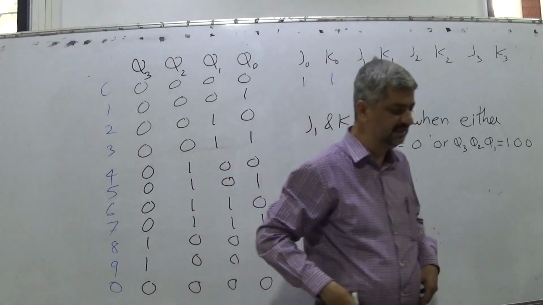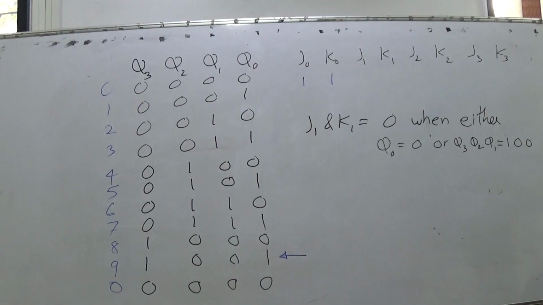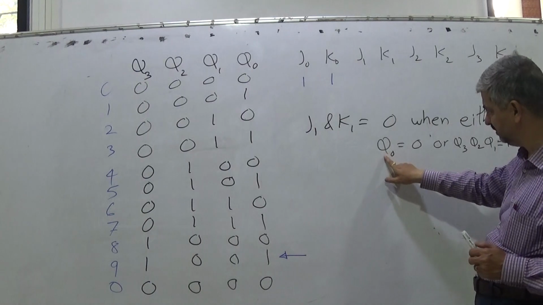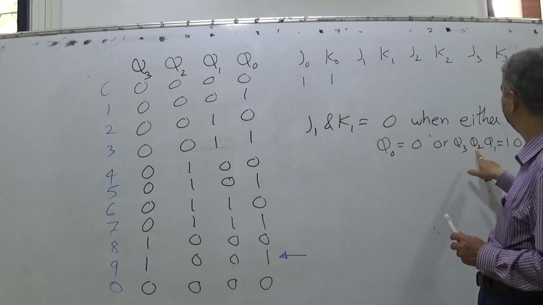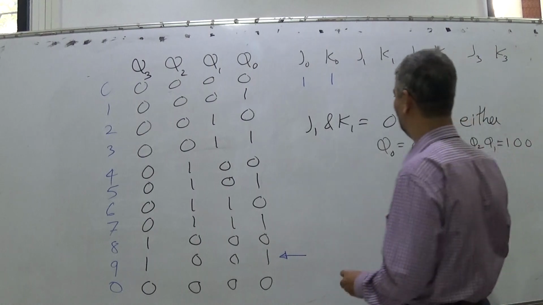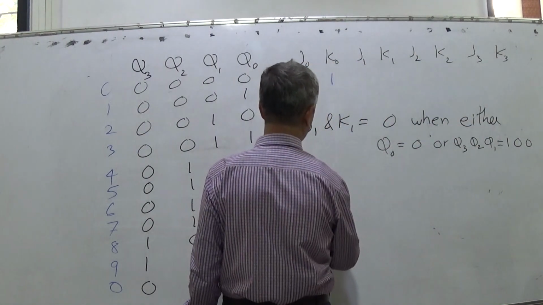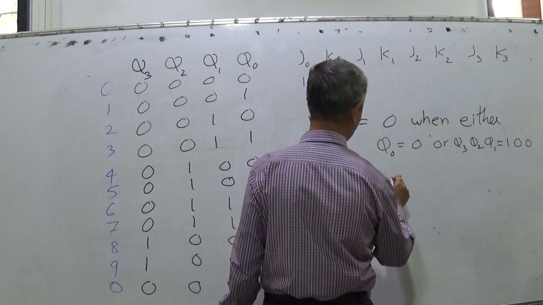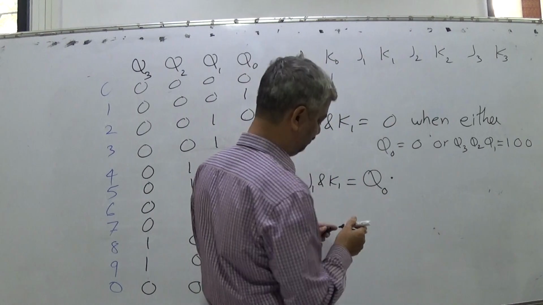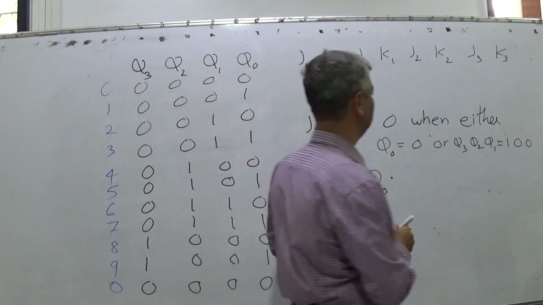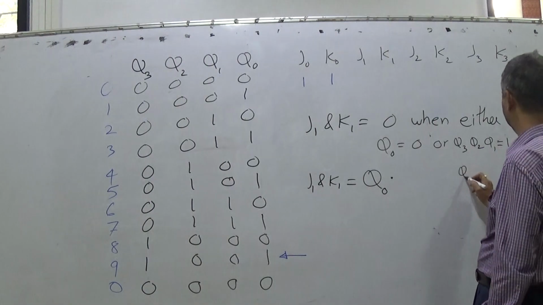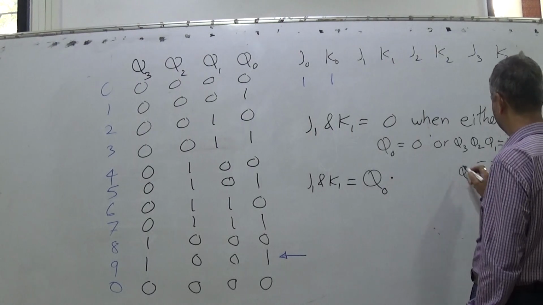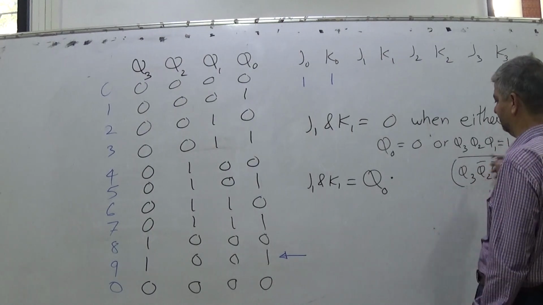In both of these cases it should be 0. So J1 and K1 is equal to Q0 ANDed with Q3 Q2 bar Q1 bar, whole bar.